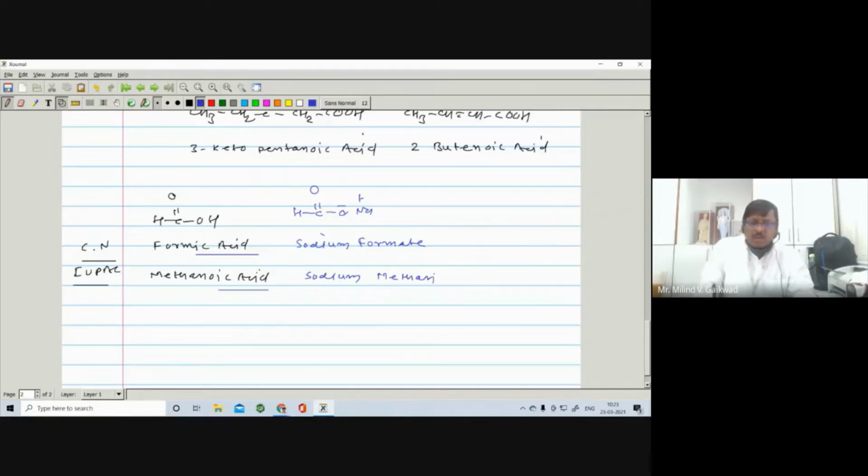The ic acid is replaced by ate. Right? So in this way you can write the name of this compound, methanoate. Similarly you can write the remaining examples.